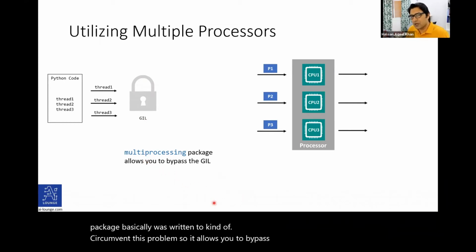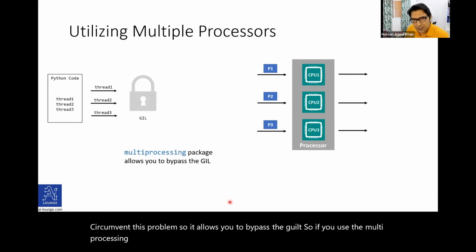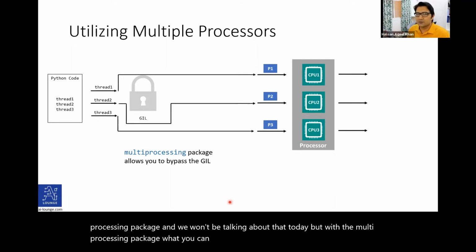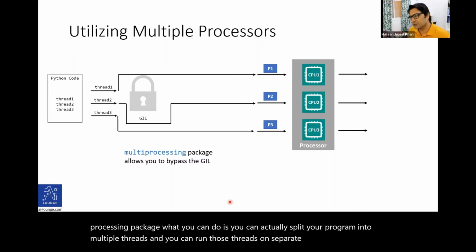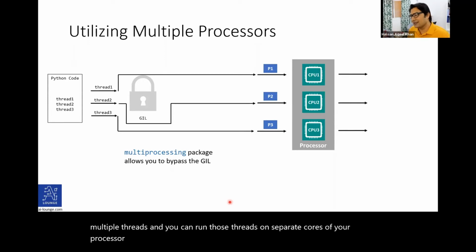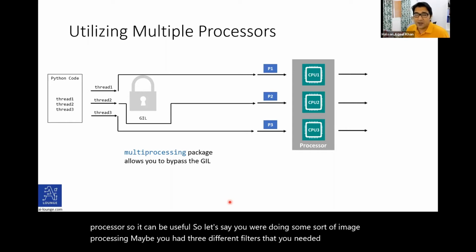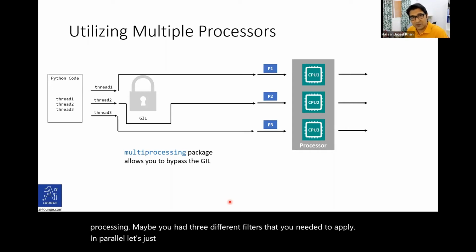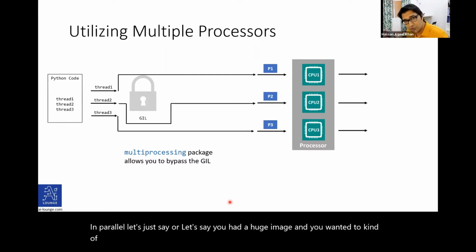If you use the multiprocessing package, and we won't be talking about that today, what you can do is split your program into multiple threads, and you can run those threads on separate cores of your processor. So it can be useful. Let's say you were doing some sort of image processing. Maybe you had 3 different filters that you needed to apply in parallel. Or let's say you had a huge image and you wanted to apply some sort of convolutional filtering on it.